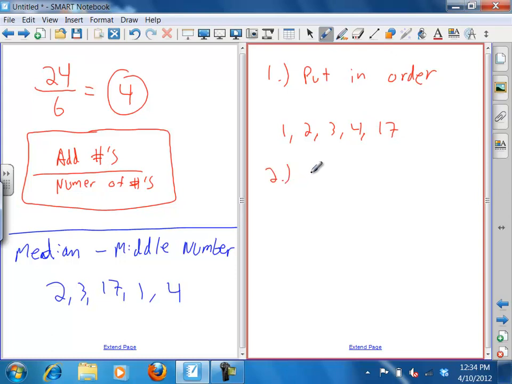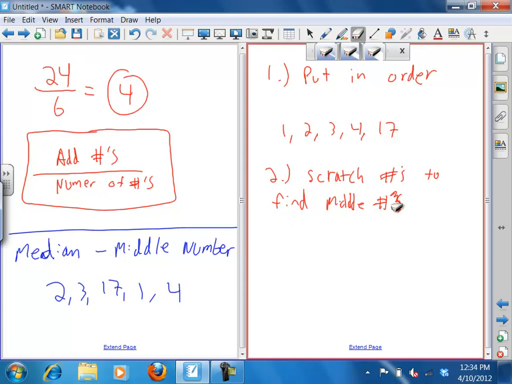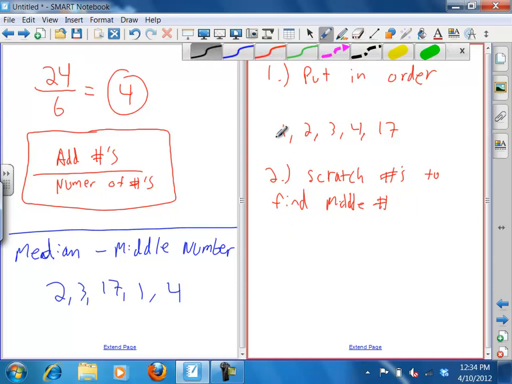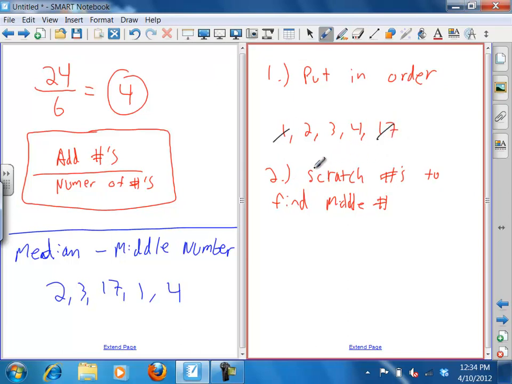So we scratch off numbers to find the middle number. Okay. Here we go. We scratch off the highest and the lowest, and then the next one. And what are we left with? 3. The median here is 3.